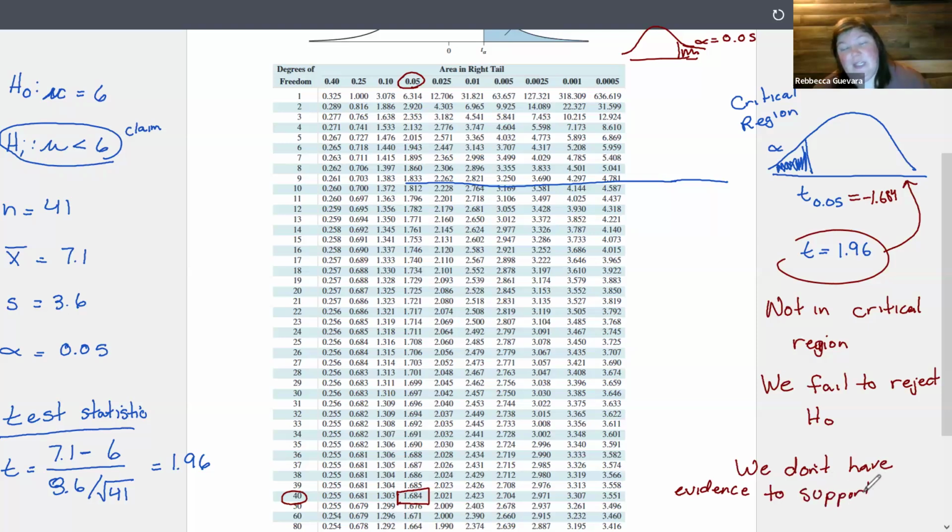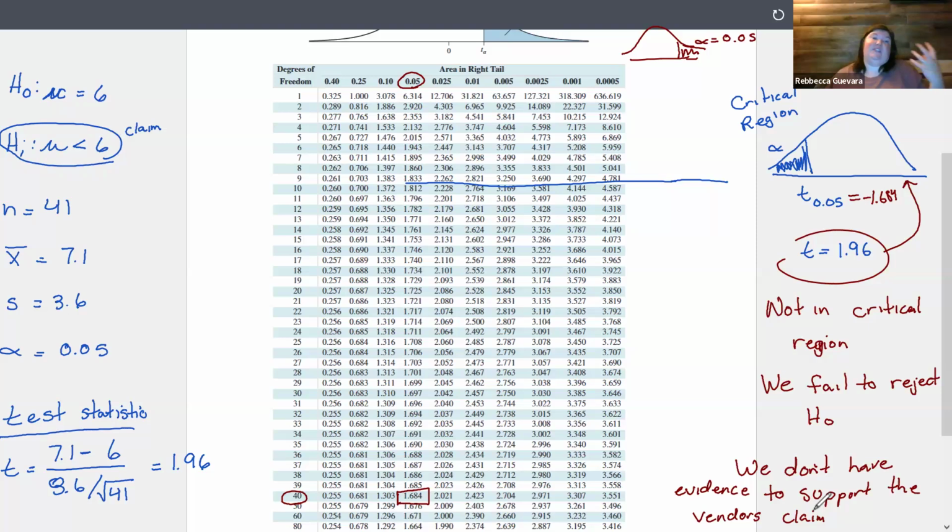The vendor is claiming that it should crash less than 6 times a year, and we don't have evidence of that at all.